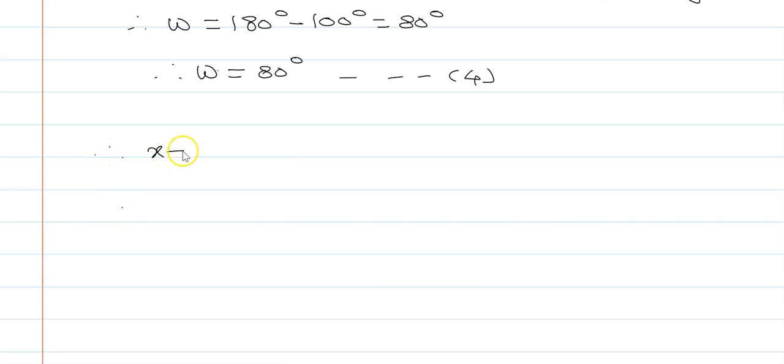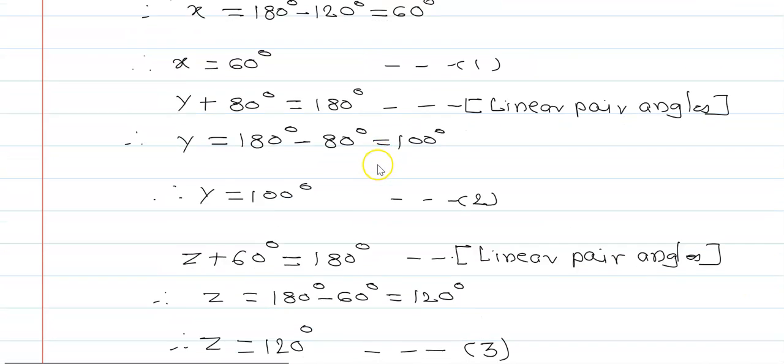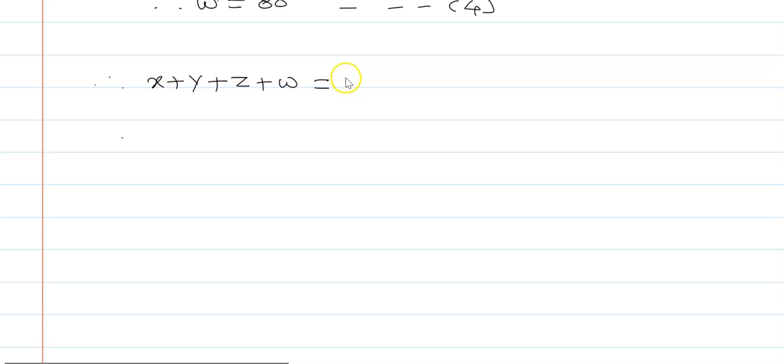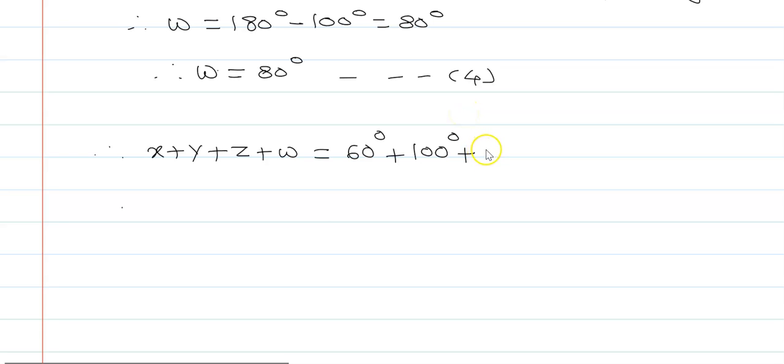Therefore, x plus y plus z plus w is equal to x is 60, y is 100, z is 120, and w is 80 degree.